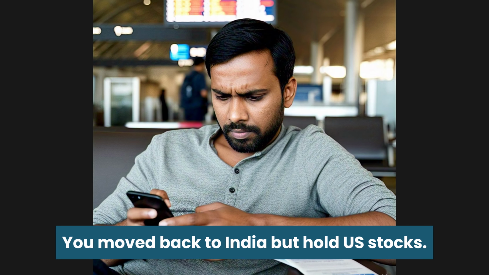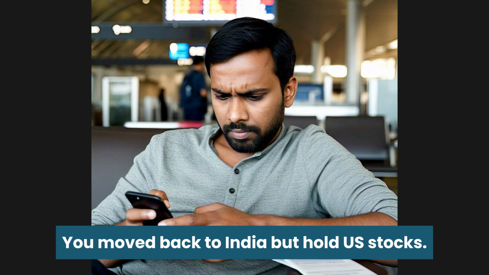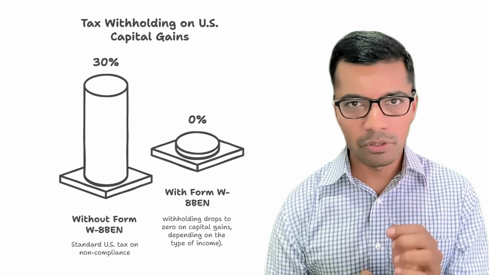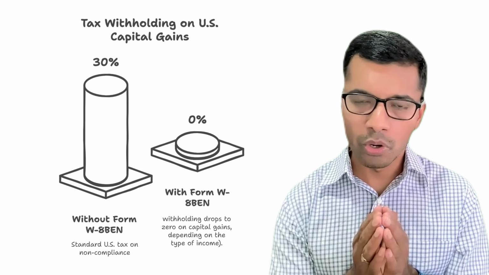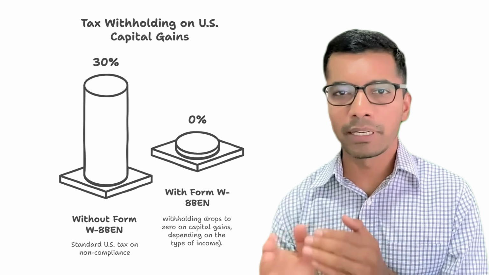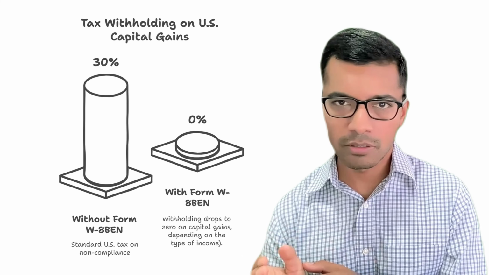So let's take a real world example. You moved back to India, but you still own US stocks. Without W8BEN, the custodian or the broker would withhold 30% of your capital gains when you sell the stocks.